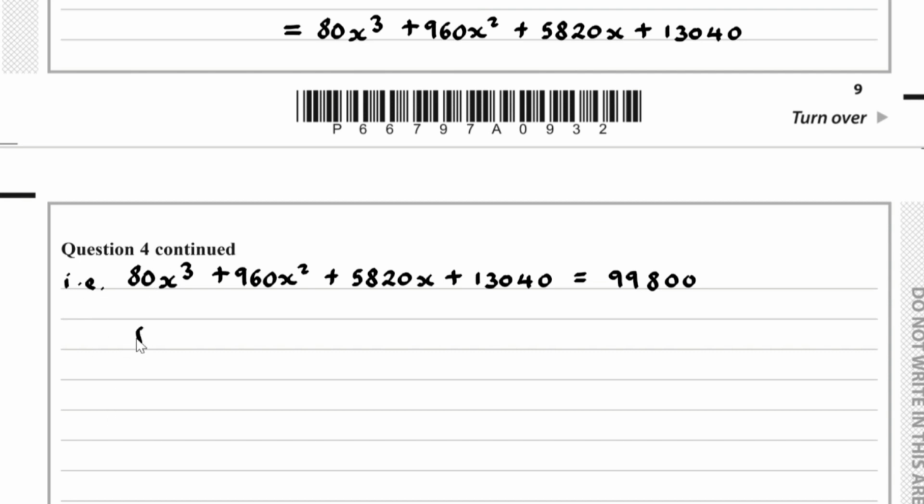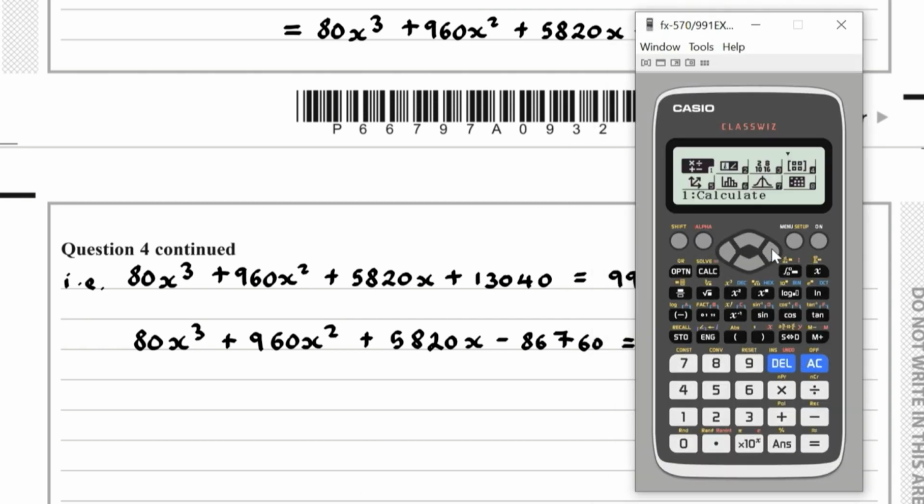So we've got 80x cubed plus 960x squared plus 5820x minus 86,760. This is all equal to 0.